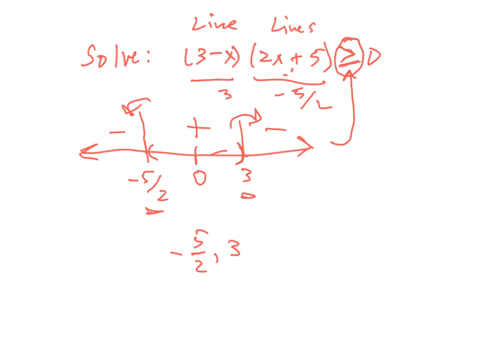Where is this going to be equal to 0? It's at exactly the sign change points, because 0 times any number is 0. When we want to include those, we use square brackets. I'll turn these parentheses into square ones, and there's our answer.